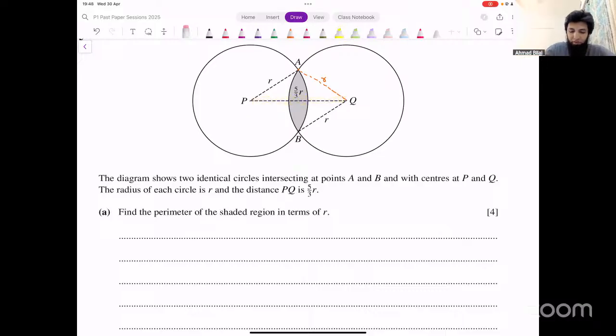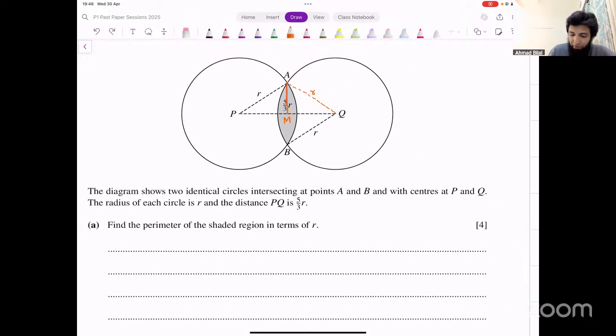If you break the base in the middle with a line like this, you get two right angle triangles from that, right? Such that this point M is going to be the midpoint of P and Q. So we've got two right angle triangles. Now, if you look at the right side, in this triangle AMQ, we know the hypotenuse, that's r.